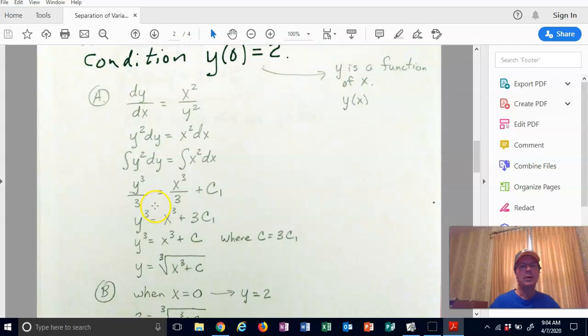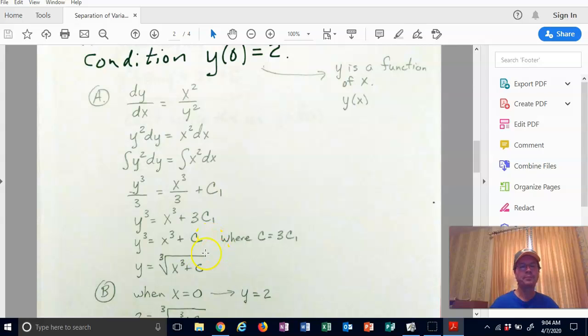All right, so I'm going to try to solve this for y if I can. I'm going to multiply both sides by 3. I'll get y cubed equals x cubed plus 3 times this arbitrary constant that we're calling c sub 1. Now at this point, instead of having 3 times some constant, which we call c sub 1, why don't we just make that c, just a plus c.